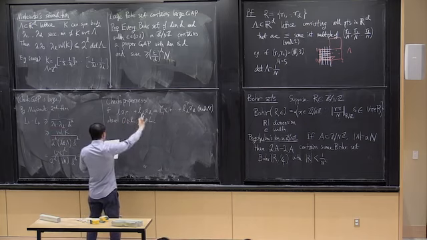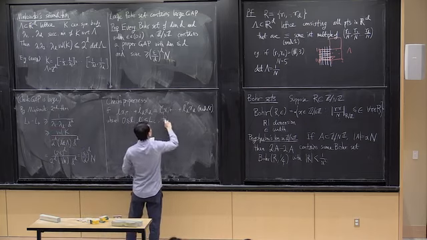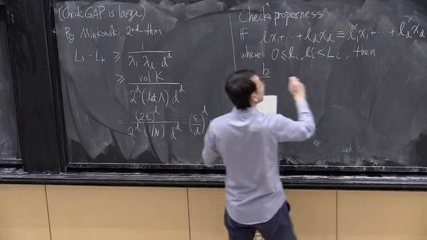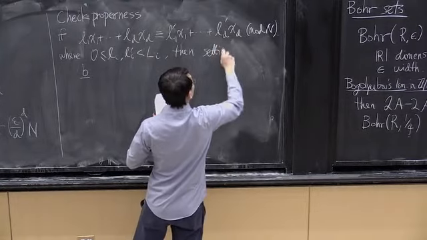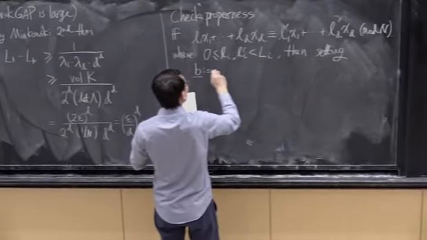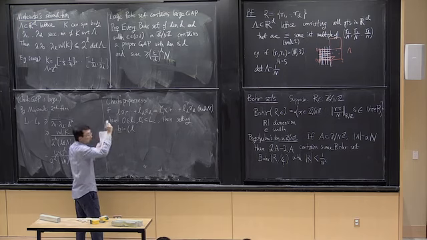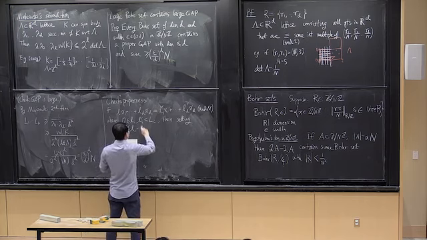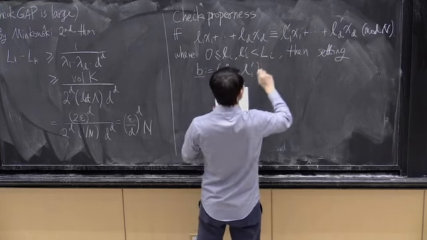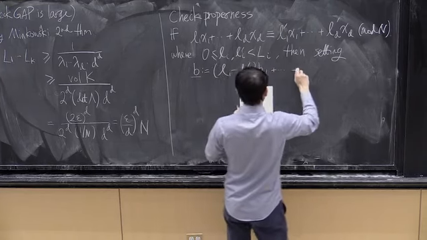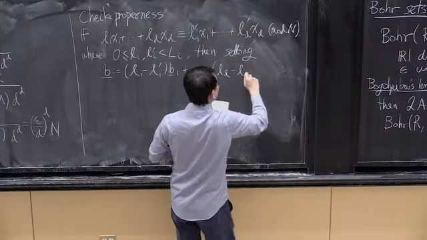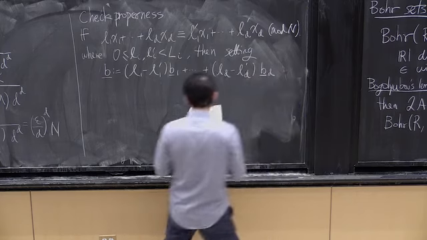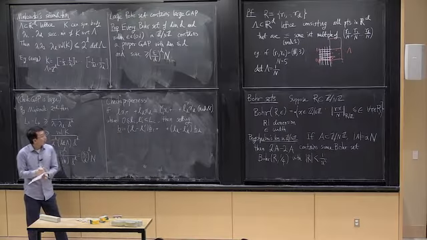Well, if it is true, then let's go back to the lattice, and set the vector b to be a vector that corresponds to the difference of these two numbers.